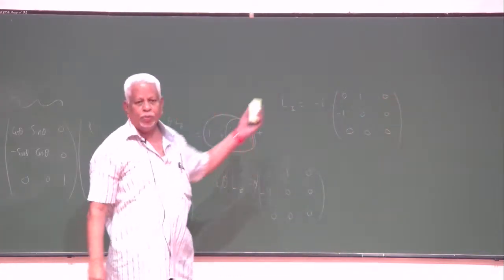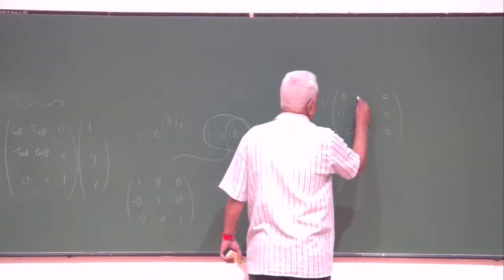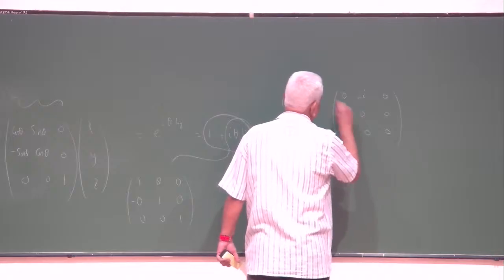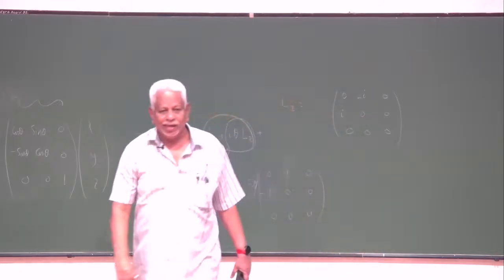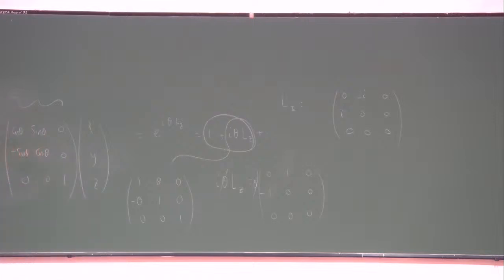You can even put that minus i inside, and this minus i and minus 1 will become i here. So, Lz is that matrix which has done a small rotation, right. It has become a small rotation.